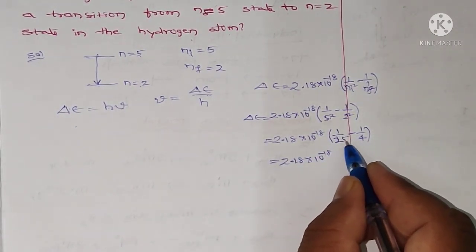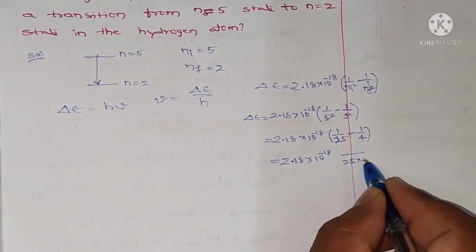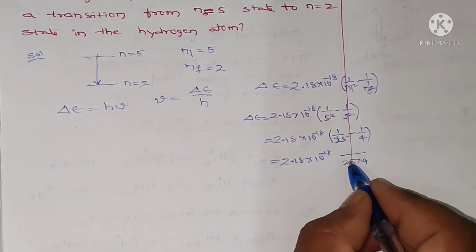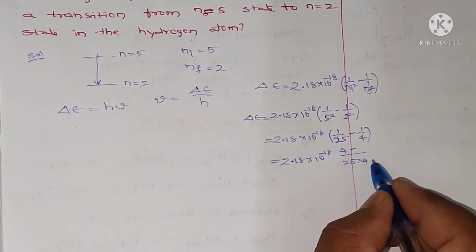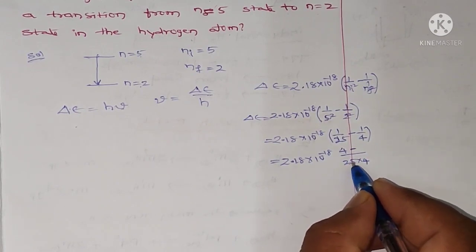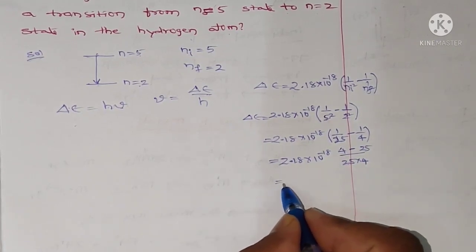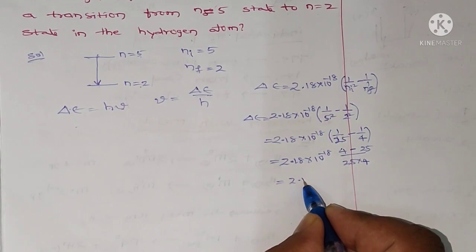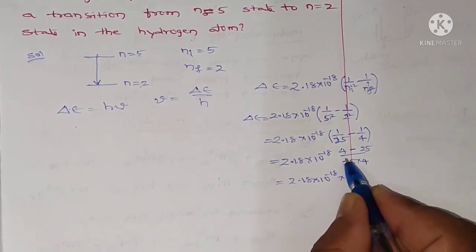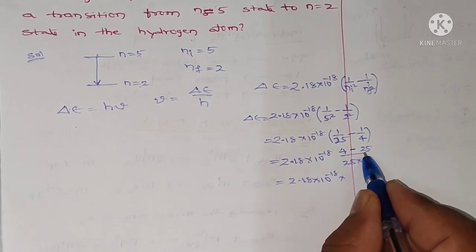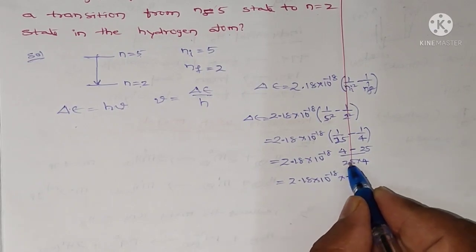If you do the LCM, we will get 25 into 4, 25 cancel, 1 into 4 is 4, minus 4 cancel, 25 into 1 is 25, is equal to 2.18 into 10 to the power of minus 18 into 4 minus 25, 21, minus 21 divided by 100.